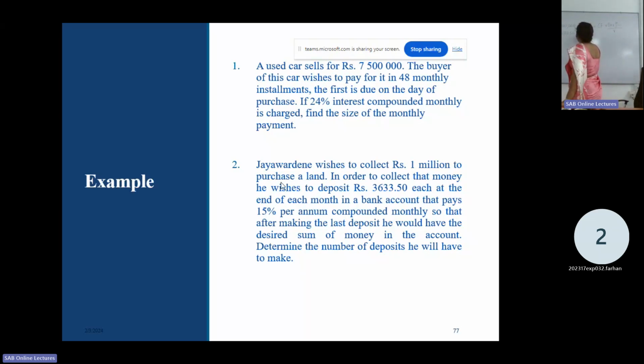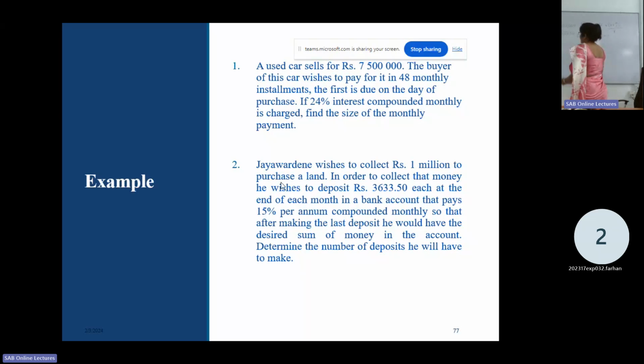Future value of annuity is equal to 1 million. Periodic payment is equal to 3633.50. What we don't know is the time. How many months do you have to deposit this in order to accumulate 1 million? So you have to identify n here.